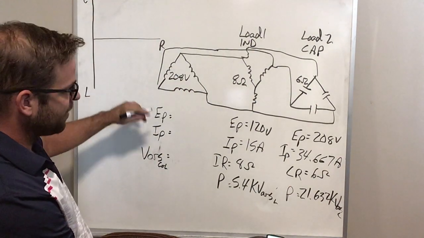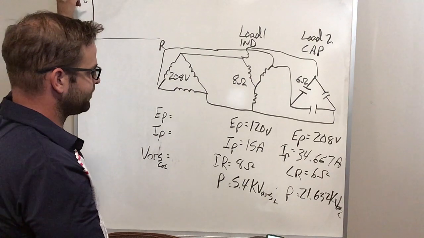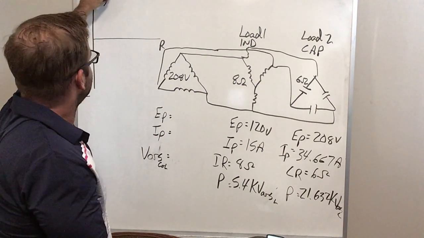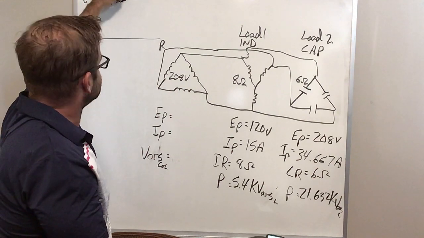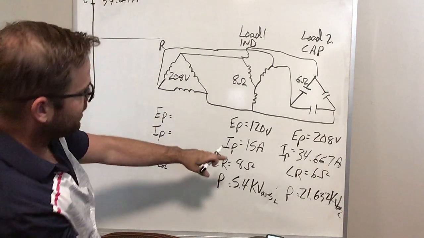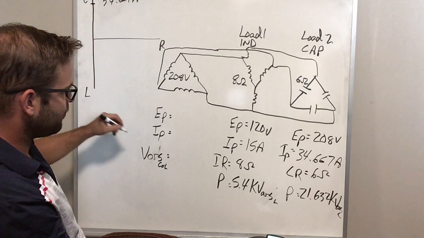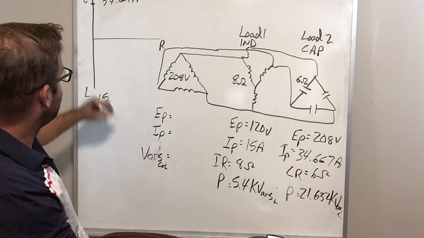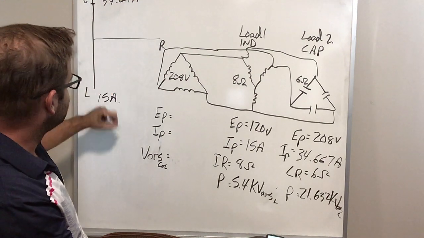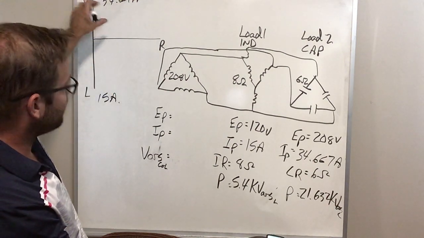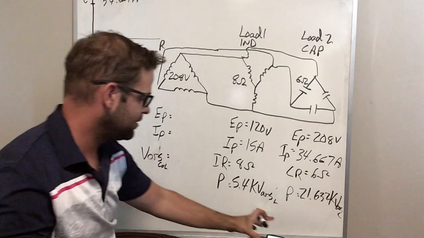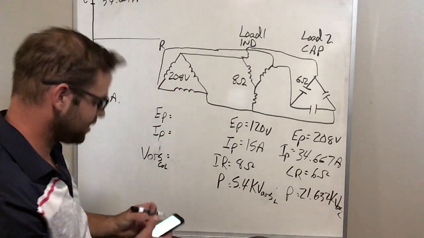So our capacitive value for current is up here at 34.667 amps, and our current for our inductive load is 15 amps. And so that 15 amps is going to be subtracted from the 34 amps. It's the difference between the two of them.